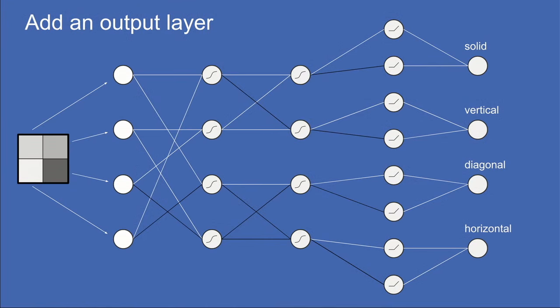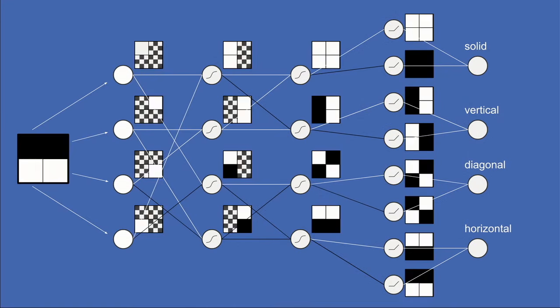Now it's 4 categories: solid, vertical, diagonal, and horizontal. And each of these inputs into them have a vote, but you can see that very few of them are connected. This network assumes that most of those votes are 0. So to see how this plays out, let's say we start with an input that looks like the one on the left.